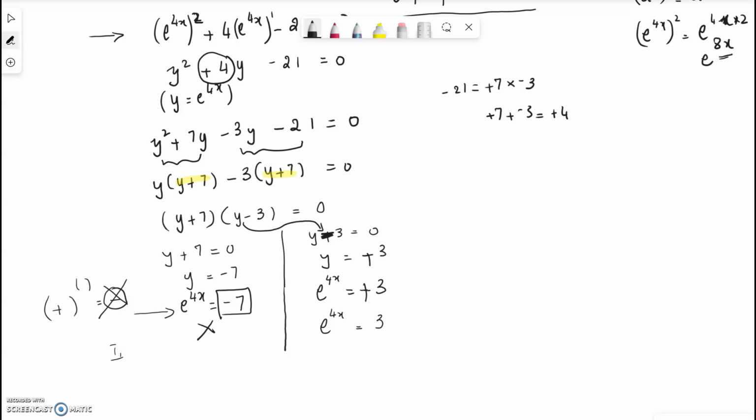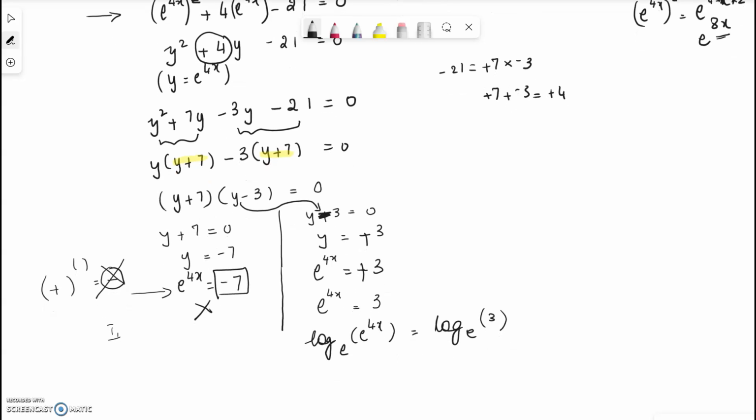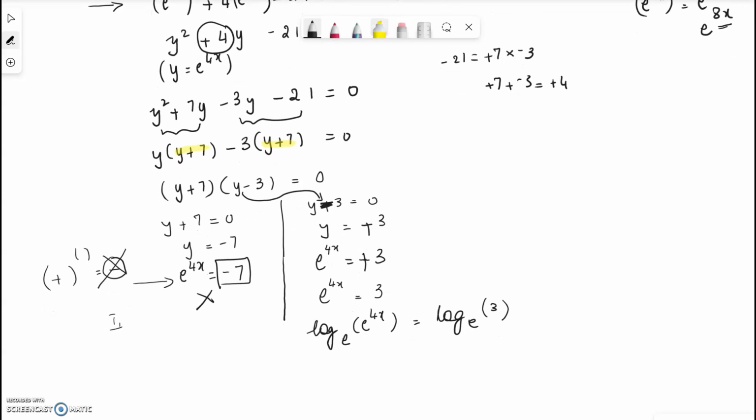To solve an exponential equation, we use the log function. We take log on both sides. We can decide what the base is. We take it as base e for convenience. The advantage of taking logs is this: the exponent, which has an x in it, now is no longer an exponent.